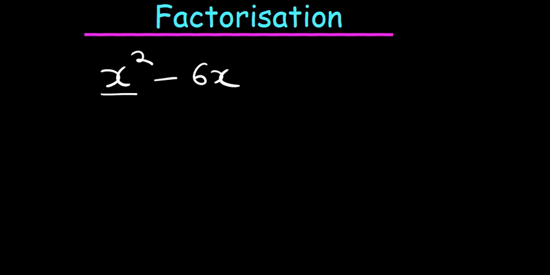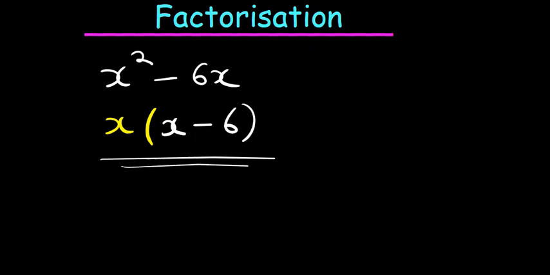So in this case, I've got x this side and I've got x the other side. So because x is common, I'm going to put x outside. Then whatever remains, I'm going to leave it in the brackets. So because we removed one x here, I'm going to remain with 1 here, minus 6. Basically, this is how we factorize expressions.